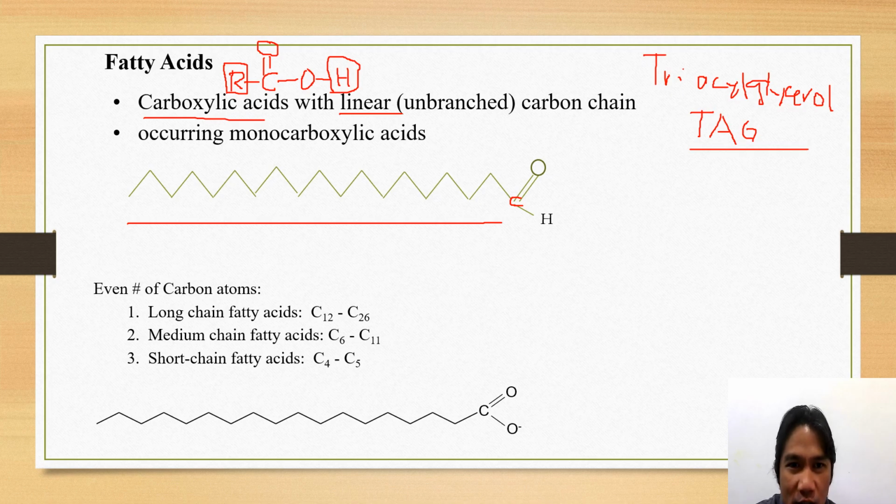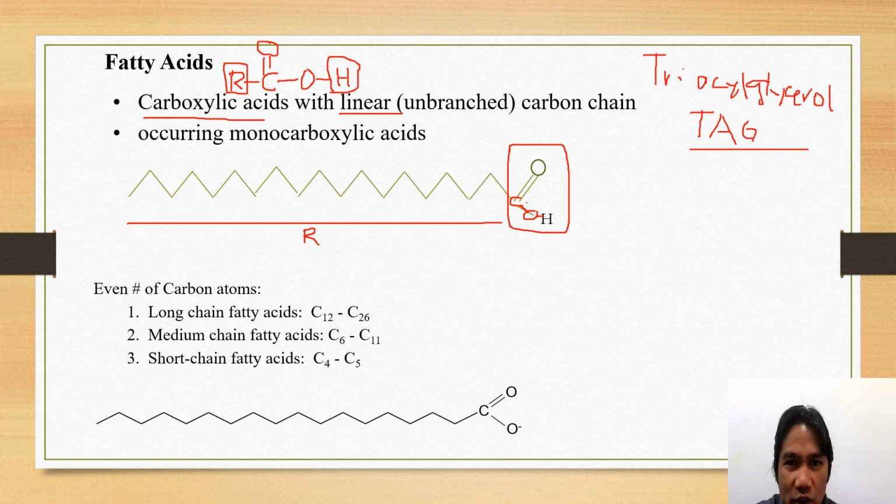Notice that in this carbon the oxygen is doubly bonded, and then I should put another oxygen. Sorry about that, I missed the oxygen. So this is our carboxylic group or carboxyl group, and this is the tail, or we can say the R group, the rest of the molecule.